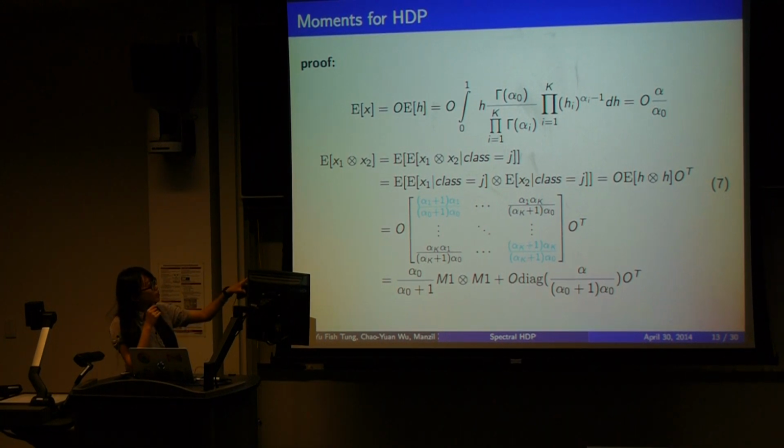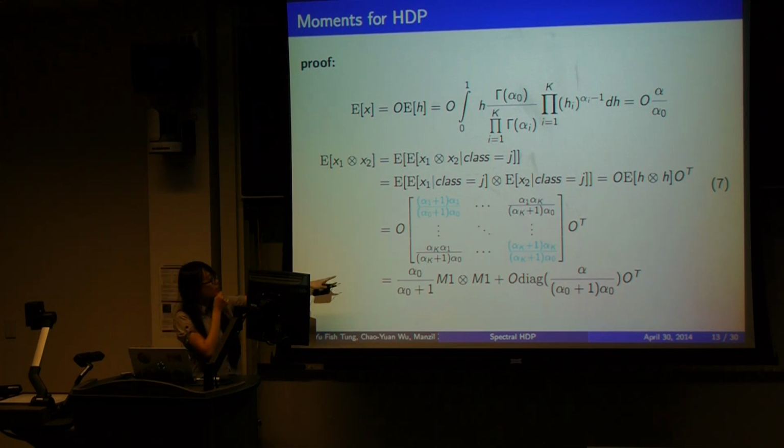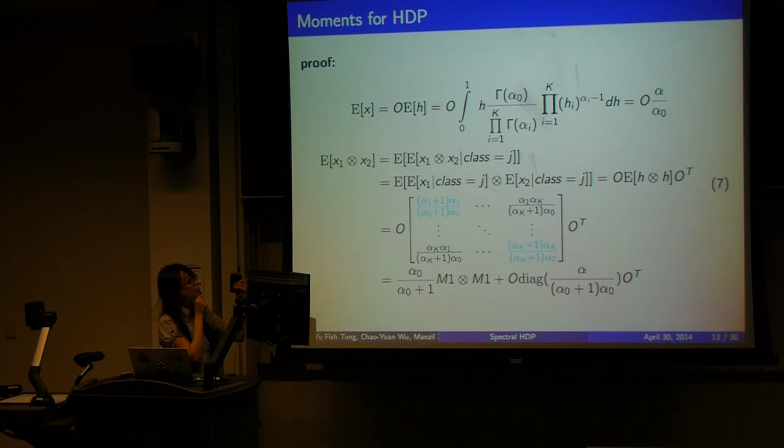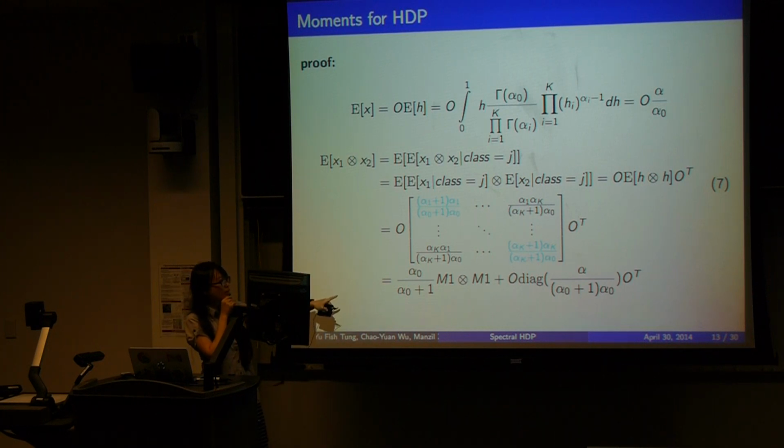And for the second order moments, we can calculate the expectation over each group, and within each group, we can separate it into two parts. So here, you can just plug in H1 squared to the distribution and derive the diagonal coefficient here. And for the rest, it's like that.